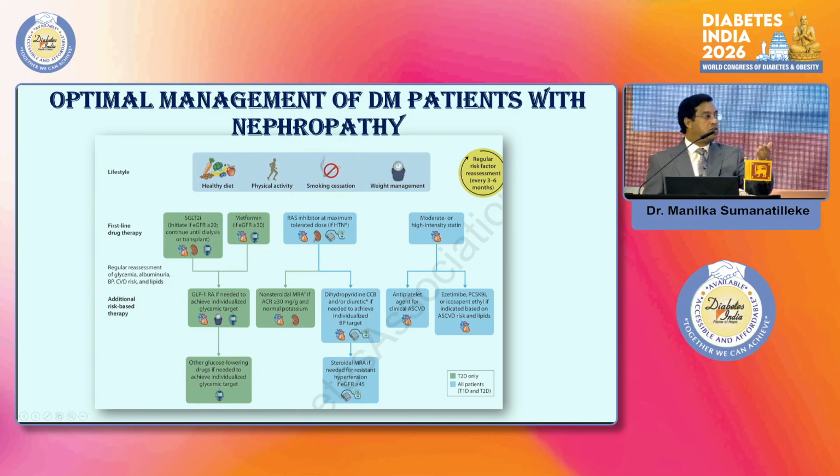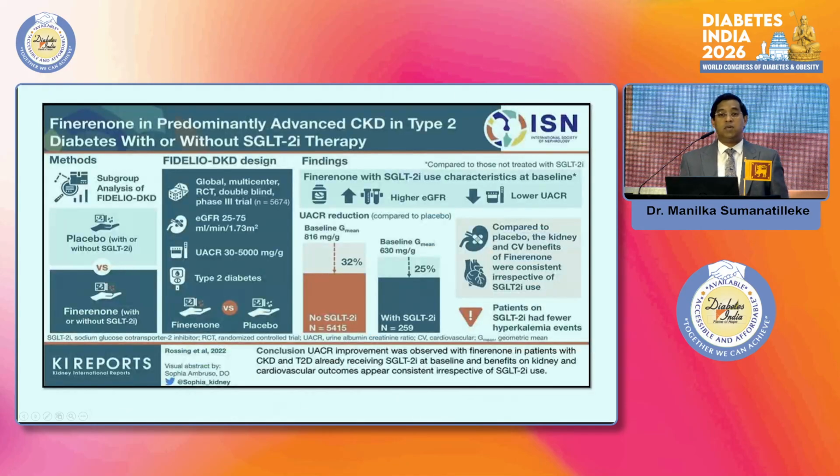Then for the blood pressure, ACE inhibitors, ARBs, calcium channel blockers, and if available, a renal drug. And of course cardiovascular risk reduction with statins and aspirin as the indication may be.